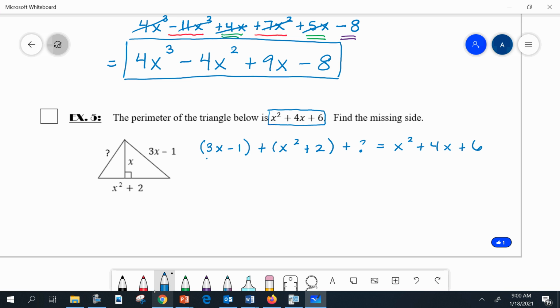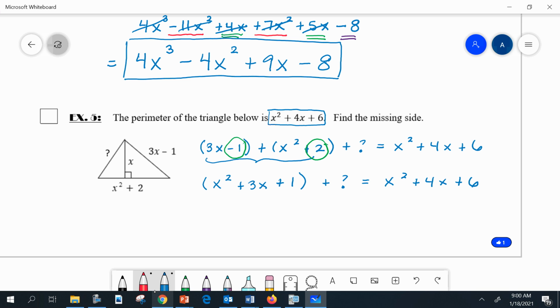Well, what we can do then is we can combine the terms, and I can combine these two sides to be x squared, and then I don't see another, so I've got plus 3x, and then what I see is the negative 1 and the 2 can combine to make plus 1. And so that's what I get when I add the two given sides, and it's going to equal this perimeter, x squared plus 4x plus 6.